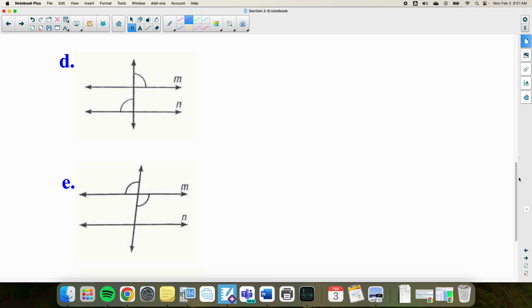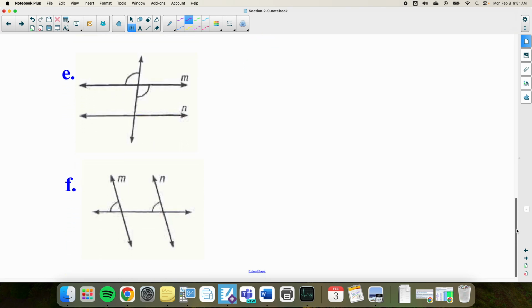Do those look like any of them? No. They aren't, right? They're not alternate interior, they're not alternate exterior, they're not consecutive interior, they're not corresponding. So they're just giving us two that aren't any of those, so that would be a no. Is E a yes or a no?